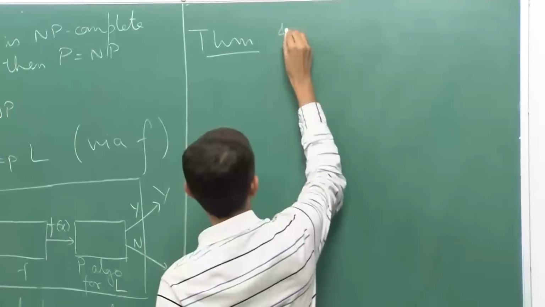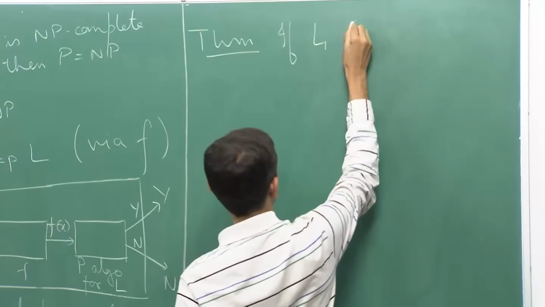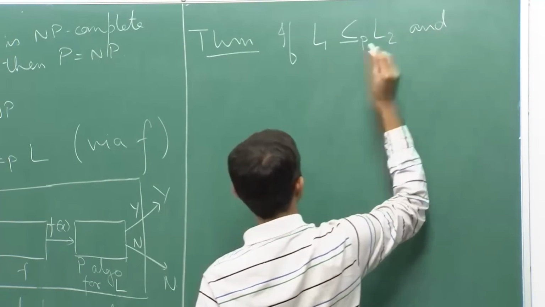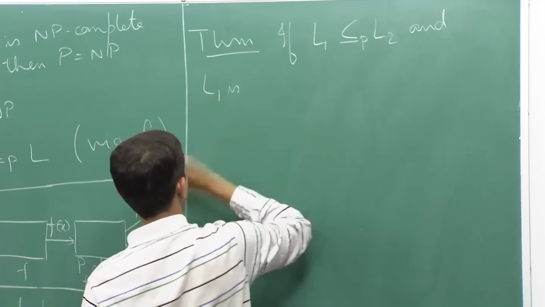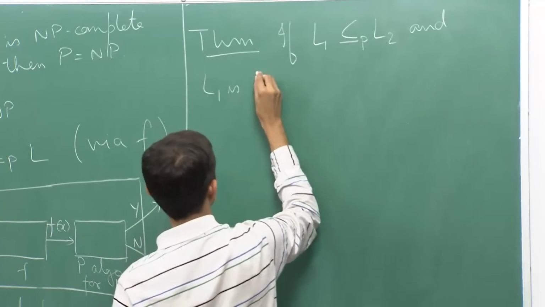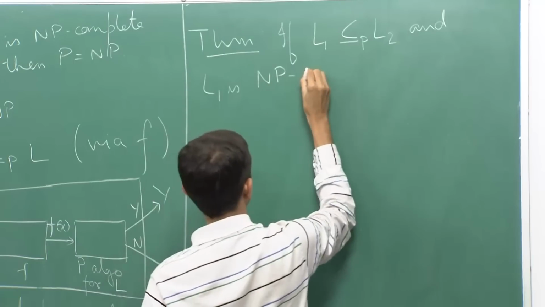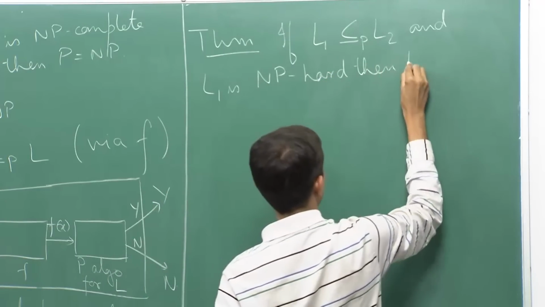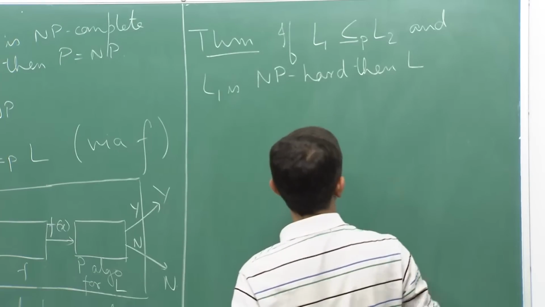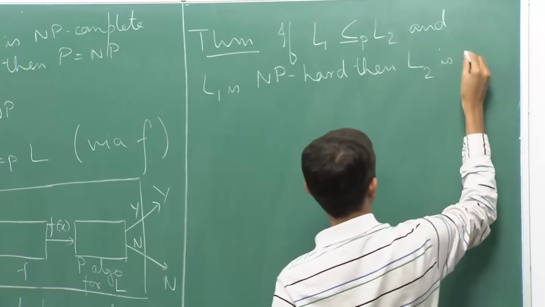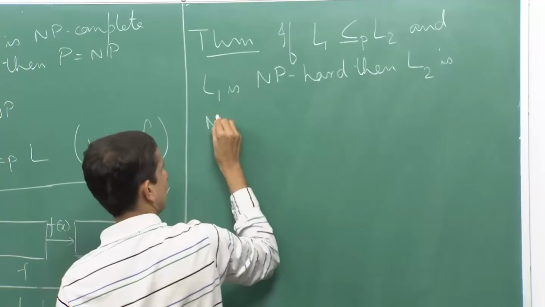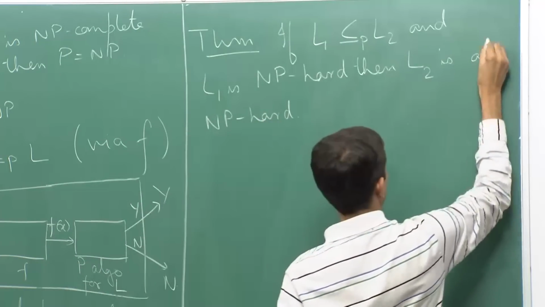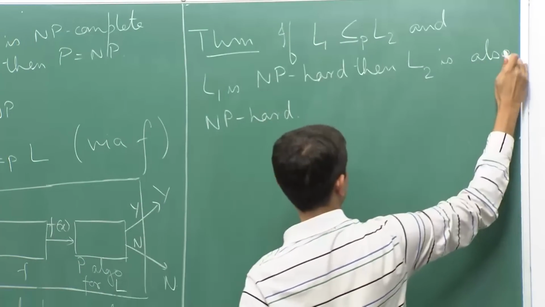That is, if L1 polynomial time reduces to L2 and L1 is NP hard, then L2 is also NP hard.